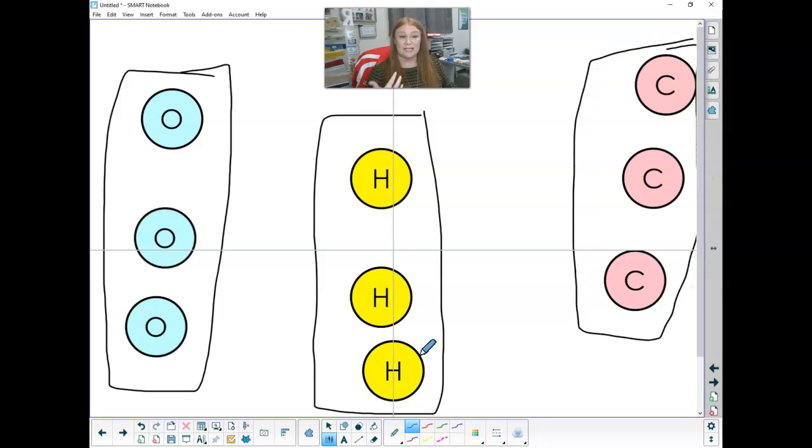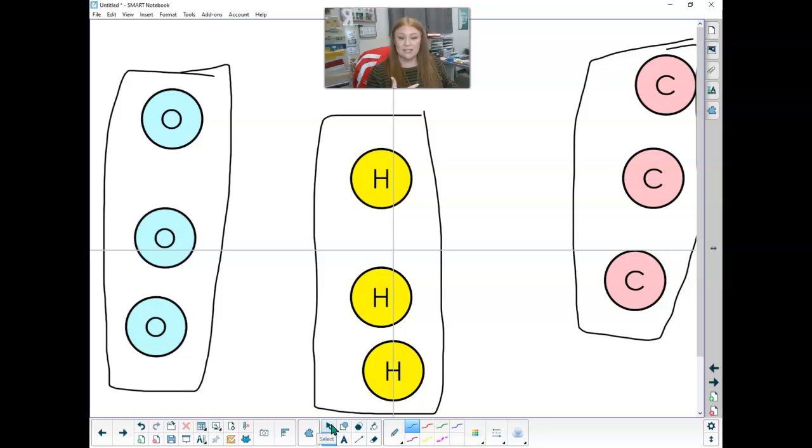There's nothing else in there except for carbon. So an atom is referring to the single part of it. An element could be one, or it could be a group of the same type of atom. So it has to be the same type.